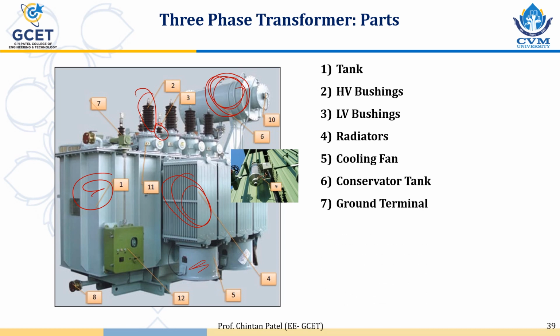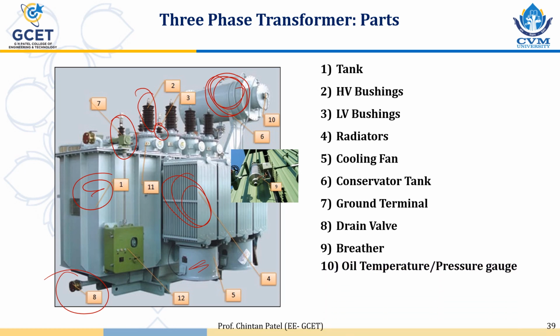Seven is the ground terminal. Eight is the drain valve to filter out the oil. Nine is the breather. The breather is used to absorb the moisture from oil.